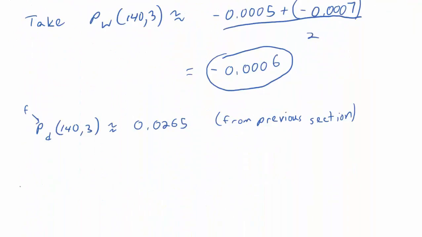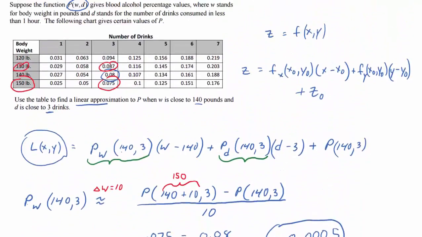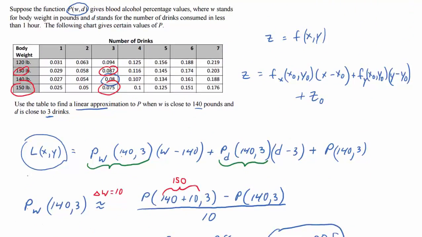And if you do that, well, I called it L of x, y, but I suppose it would be L of W, D, wouldn't it? Okay.